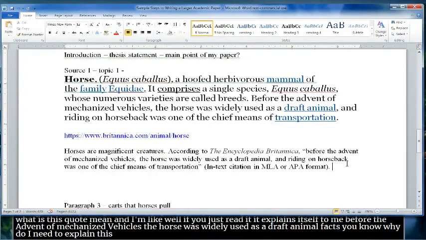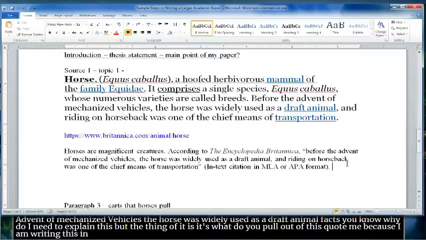But the thing of it is, it's what do you pull out of this quote? Me, because I am writing this into my paper. What am I going to pull out of this quote? Okay.